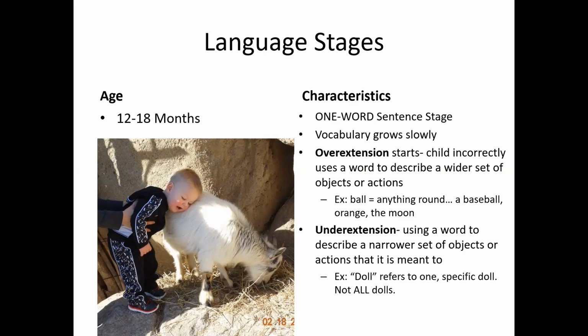An overextension is when a child incorrectly uses a word to describe a wider set of objects or actions. So when my kid learned ball, he assumed anything round was a ball. Even the orange on our kitchen counter, he was like, ball. I know my mom's favorite story from when I was a baby.